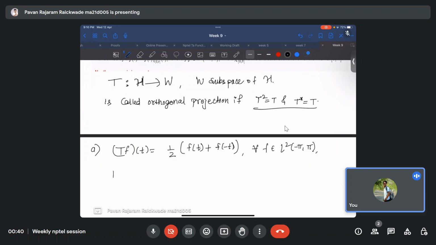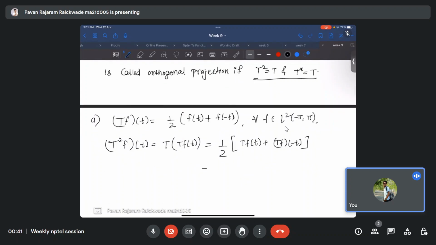Now, what will be T squared f at t? I can write it as T of Tf at t, which is half times Tf at t plus Tf at minus t.